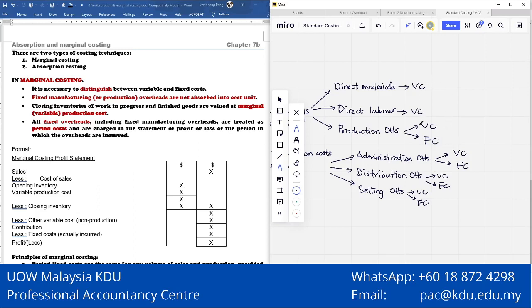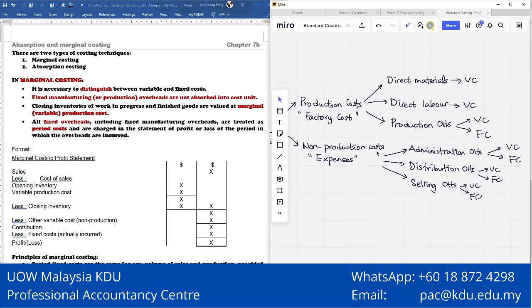Although variable production and variable non-production are both called variable, their functions are not the same, so we cannot put variable production costs and variable non-production costs together. We still have to separate the variable production cost and the variable non-production cost.